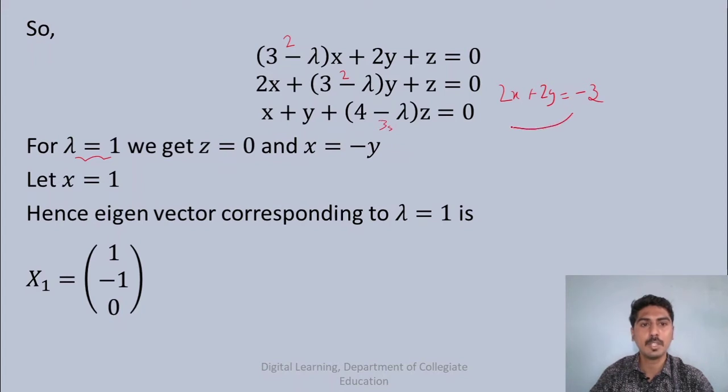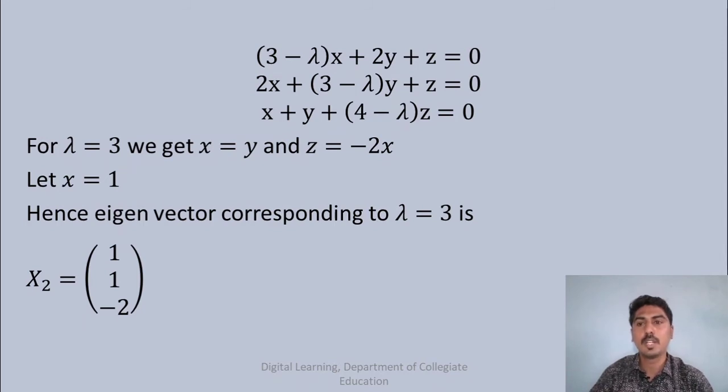If you substitute this equation here, you get z equal to 0, and by substituting z equal to 0 back in this equation, we get x equal to minus y. Suppose I take x equal to 1, I get the eigenvector corresponding to lambda equal to 1 as the column vector (1, minus 1, 0).